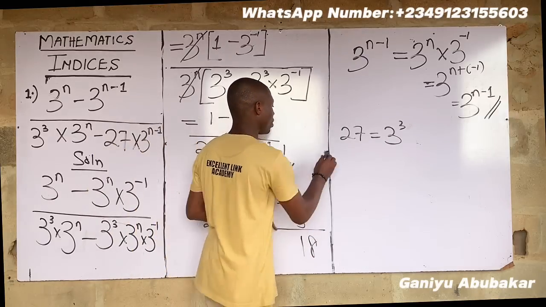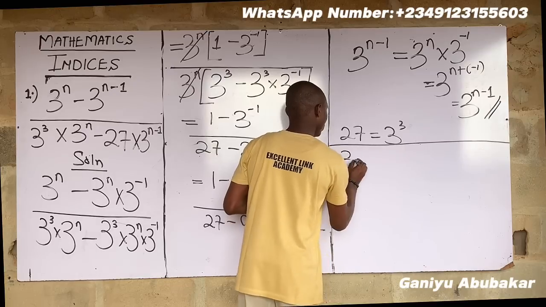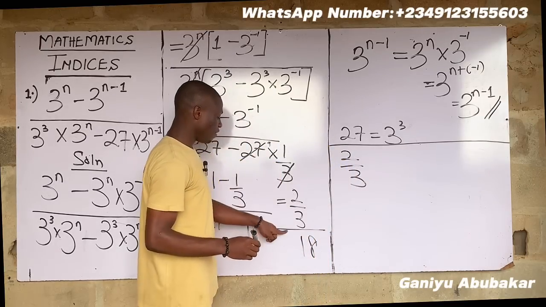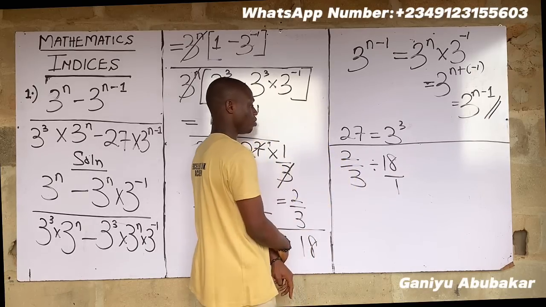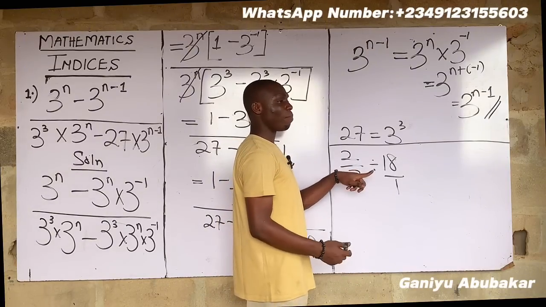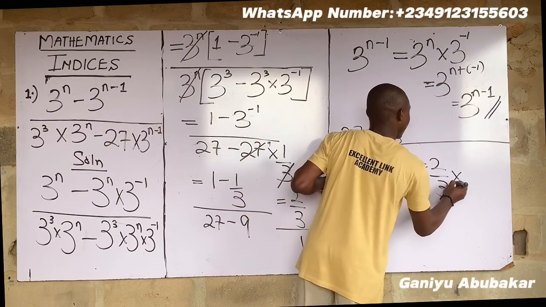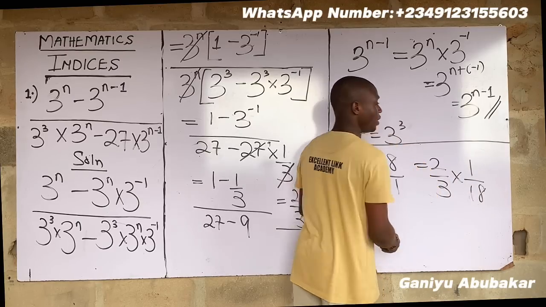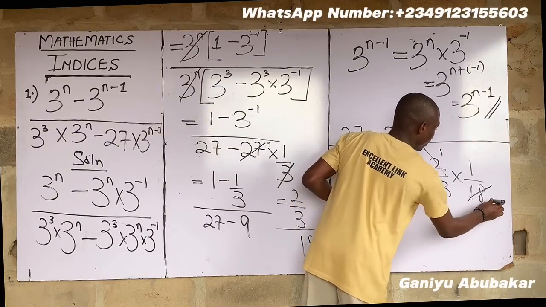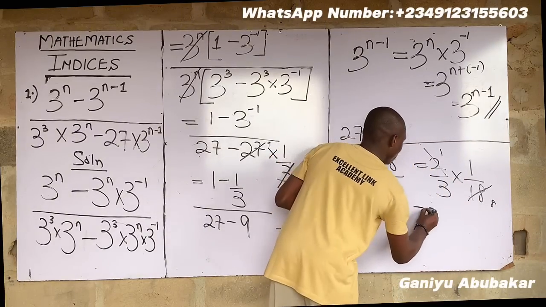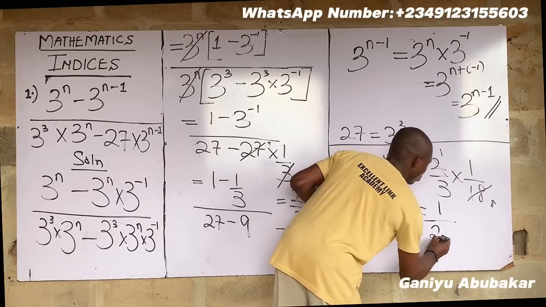So this becomes 2 over 3 divided by 18 over an invisible 1. To change the division to times, I will apply the reciprocal concept. That becomes 2 over 3 times 1 over 18. 2 here 1, 2 here 8... if I multiply, that becomes 1 times 1 is 1 over 3 times 9 is 27.